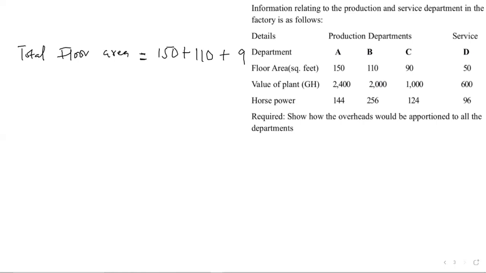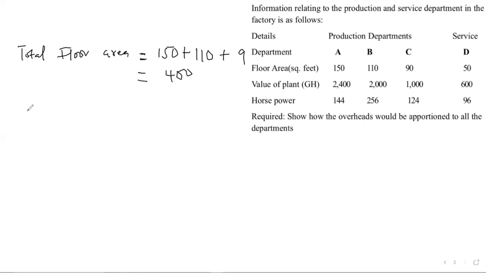So the total floor area will be the floor area for department A, which is 150, and the floor area for department B, which is 110, plus department C, which is 90, plus department D, which is 50. So when we add all these, we have our total floor area to be 400.